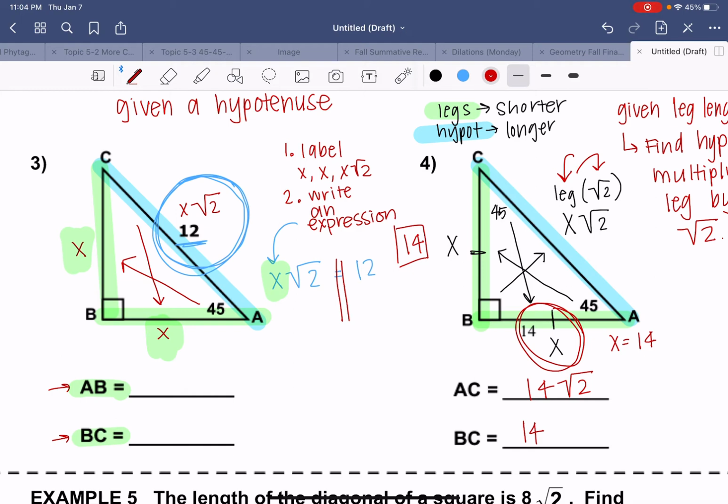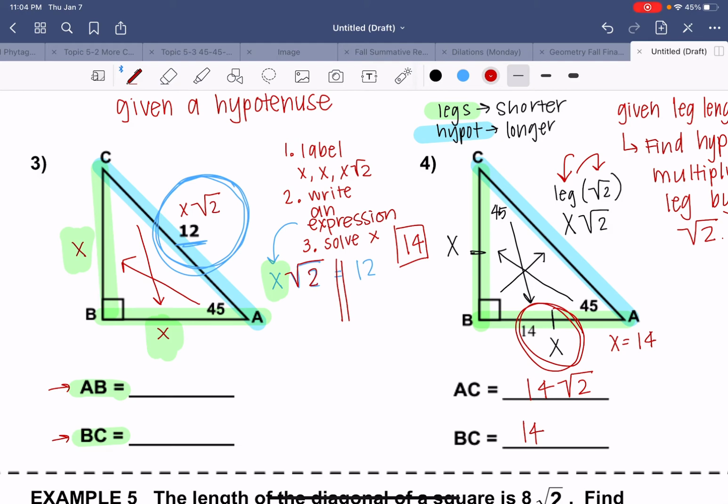So our step 3, which I'm going to write in here very small, is solve for x. Okay? Well, this expression states x times the square root of 2 equals 12. Okay? So we need to figure out how to undo the multiplication of the square root of 2.